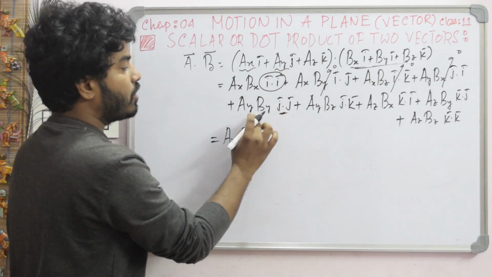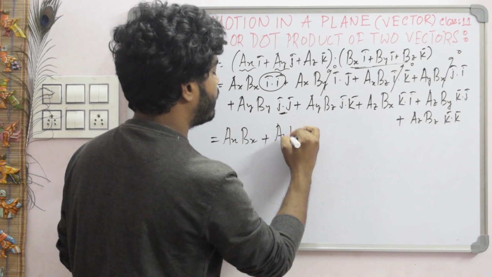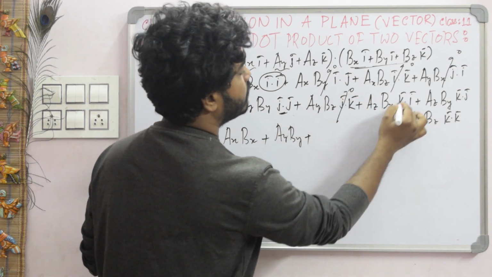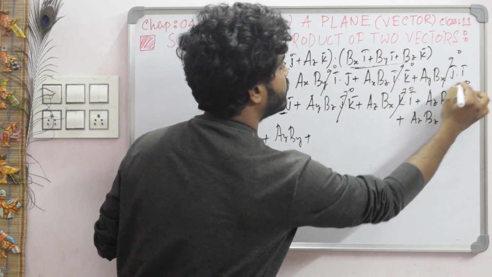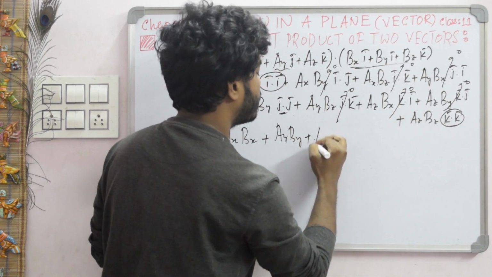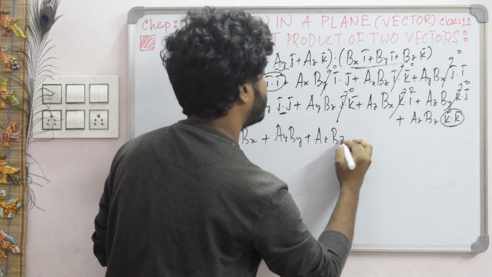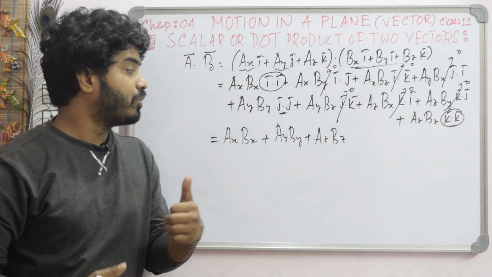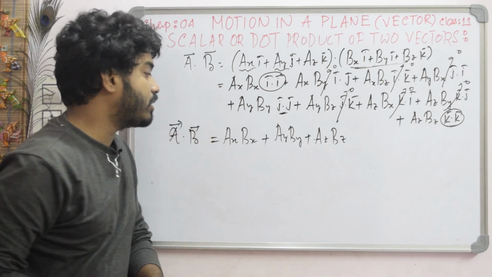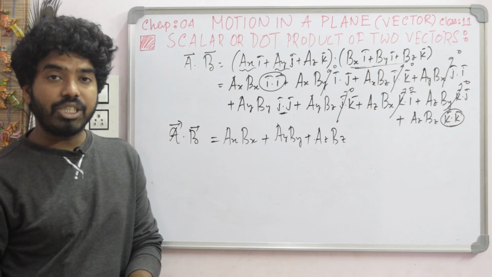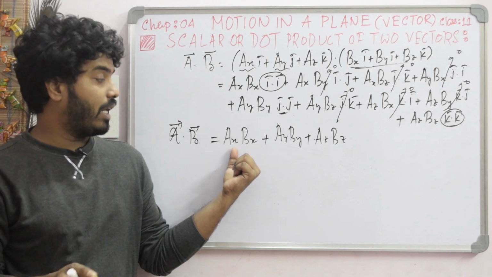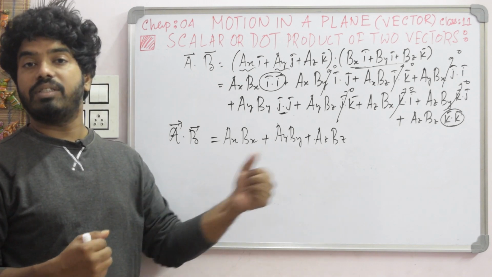This value is 1, so this gives ay by. Now these values become 0, and k dot k is 1, so that gives az bz. Okay, so in this way we can prove that vector a dot vector b, the dot product of two vectors, is the addition of the components of the two vectors along the x axis, y axis and z axis.